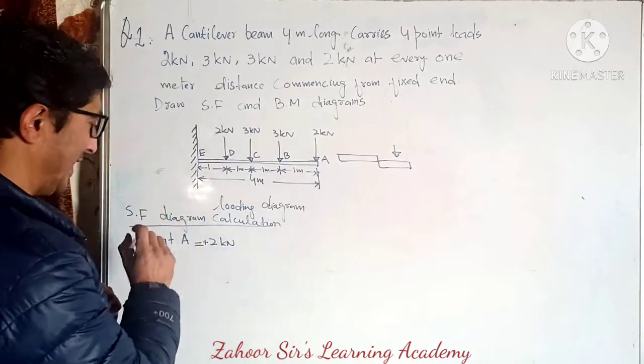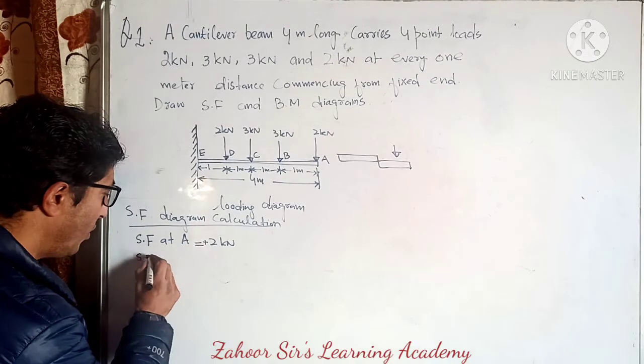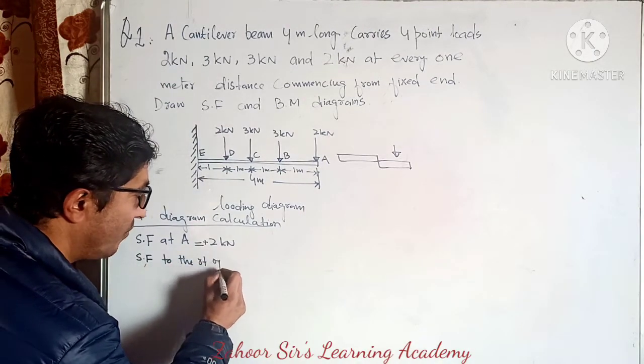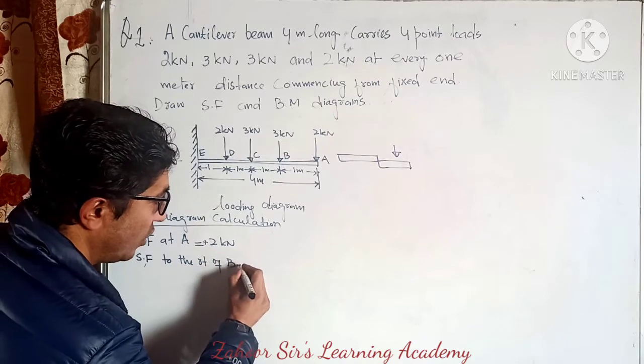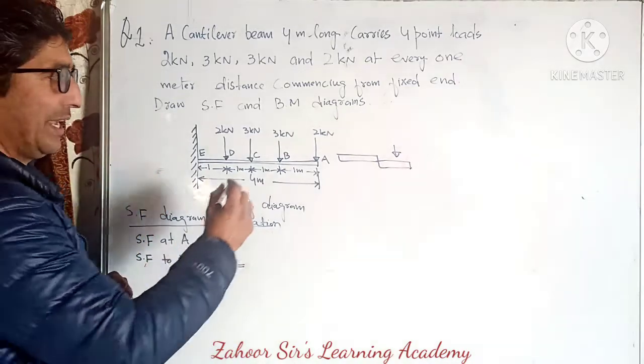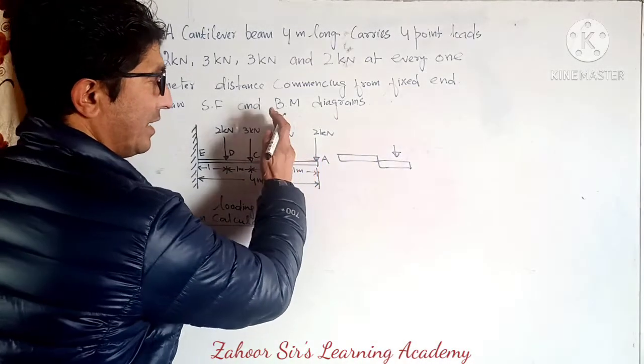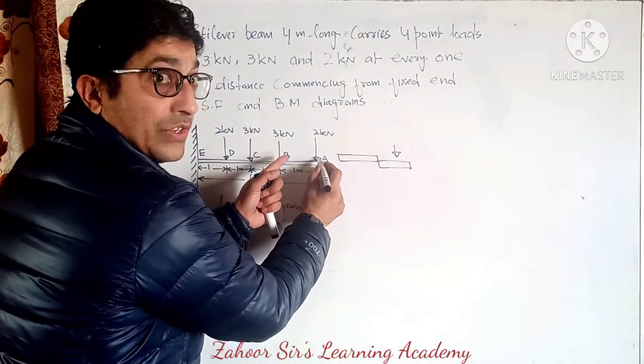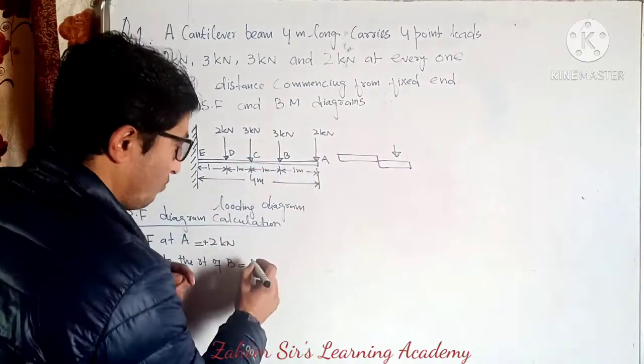Now I will write SF to the right of B. Is there anything to the right of B? Yes, that is this SF, which is positive 2.